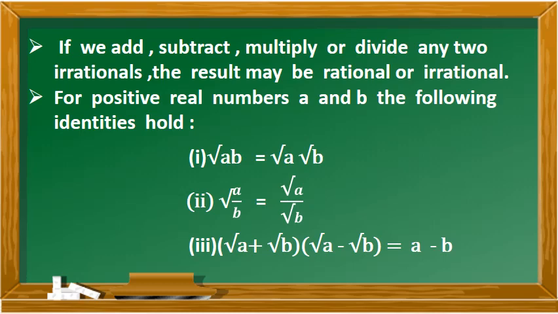The second one is square root of A by B. This A by B is within the square root, so you can split it as square root of A by square root of B. The third one is square root of A plus square root of B into square root of A minus square root of B. It is in the form of A plus B into A minus B. At last, when you do it, you will be getting it as A minus B.